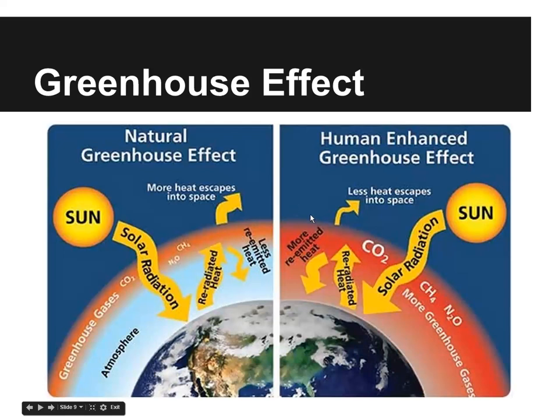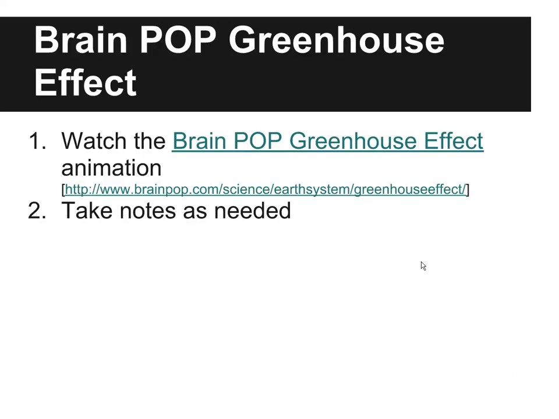They trap that heat. Humans have enhanced or increased this effect because we have increased the amount of these gases. Therefore, more heat is trapped. Again, we will talk more about the greenhouse effect when we talk about our weather and climate unit.